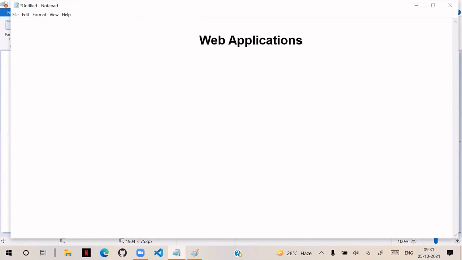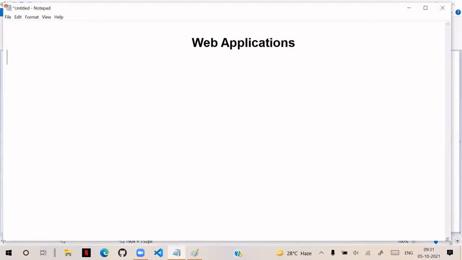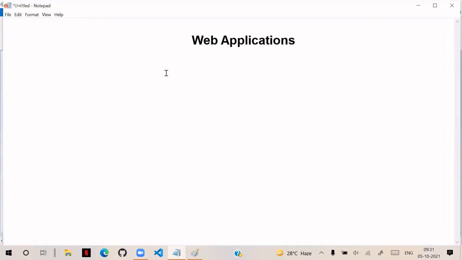Web applications. In that case, you need to have a detailed idea of what is web, what are web applications, how these web applications work, what are the software requirements, how to build these applications and all. Let's see. So one by one, we have to understand some more important points.